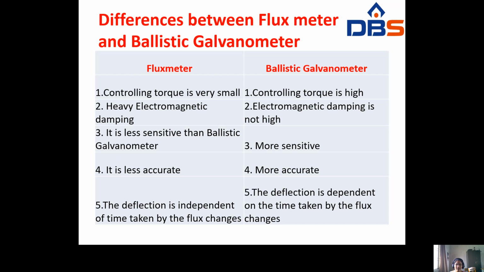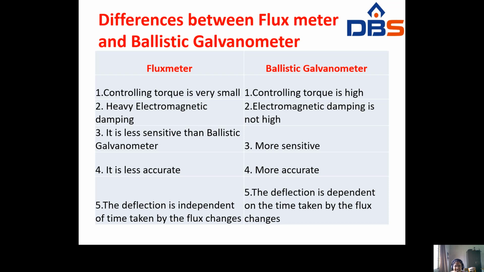Coming to the controlling torque in both meters, the controlling torque is very small in the flux meter, and it is very high in the ballistic galvanometer. Next is the damping torque. There is heavy electromagnetic damping in the flux meter, while electromagnetic damping is not high in the ballistic galvanometer.